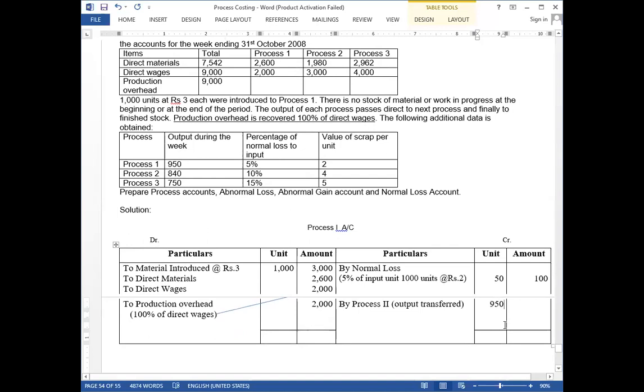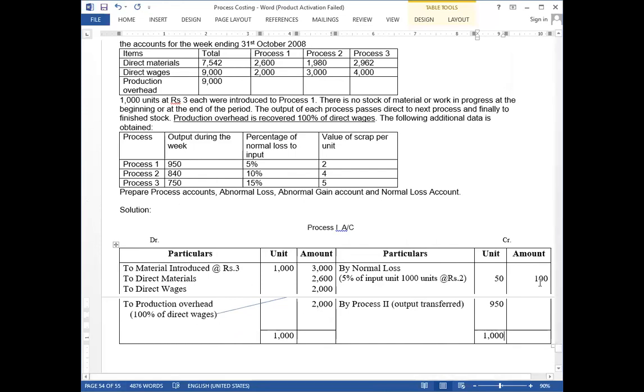Now step number 4: balance only the unit column. If you check in this problem, this side is 1,000 and that side is also 1,000, so both sides are tallied and there won't be any balancing figure.